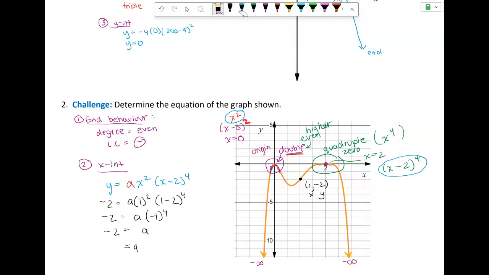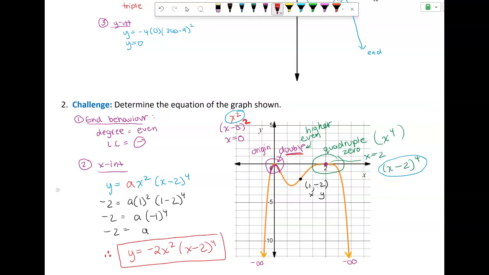So that's positive a. So a is equal to -2, which makes sense because we said that the leading coefficient has to be negative. So therefore, this equation is y equals -2 x squared, bracket x minus 2 to the exponent of 4. And that is our function.